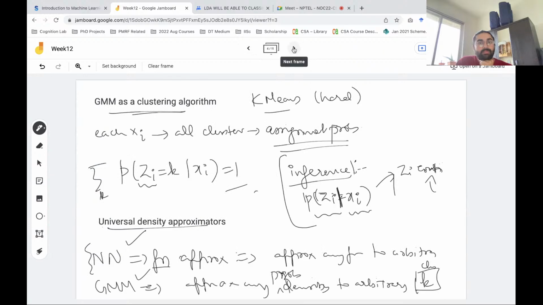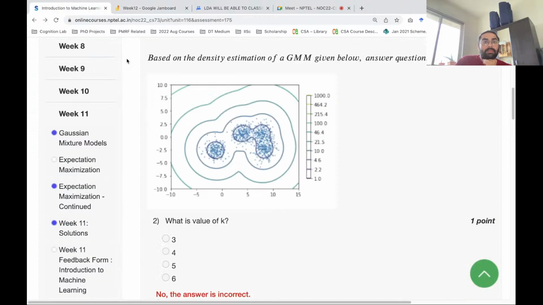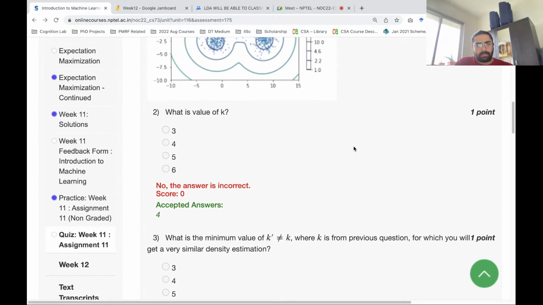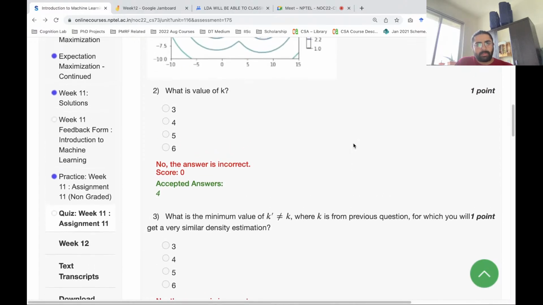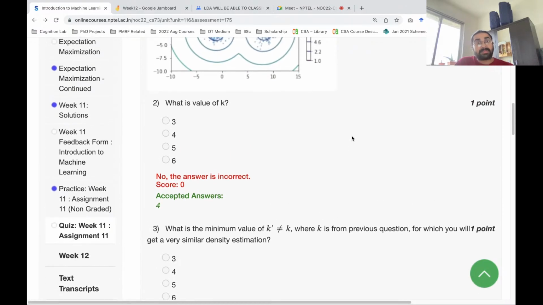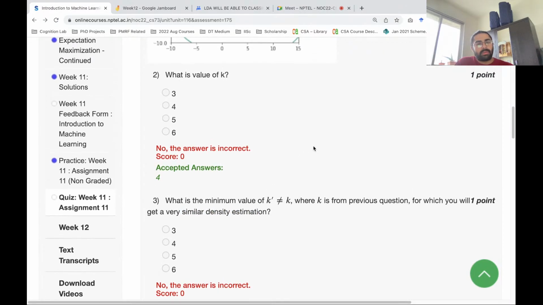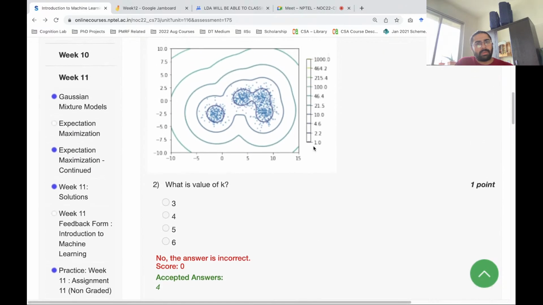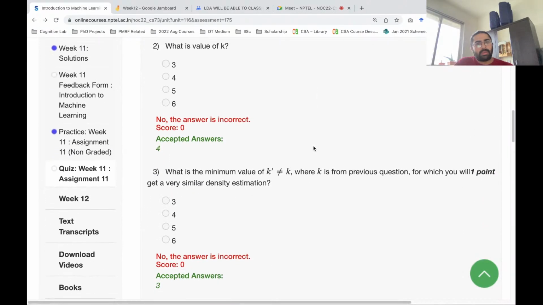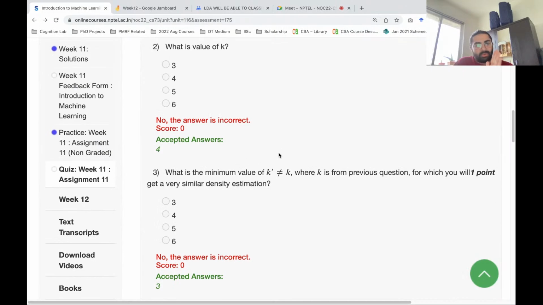Sir, in question 3, it is asked what is the minimum value of K dash. Basically they want to reduce the number of mountains, peaks, as much as possible, for which you'll get a similar density estimation. Maybe they want to go towards 2 or 1. No, just because the word minimum is there doesn't mean that.